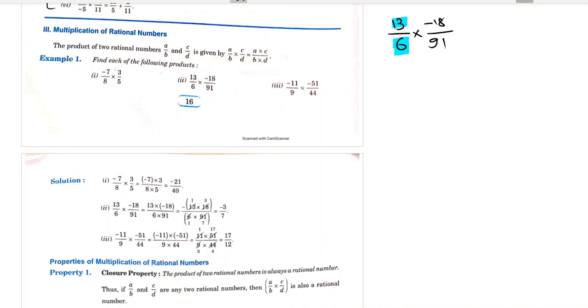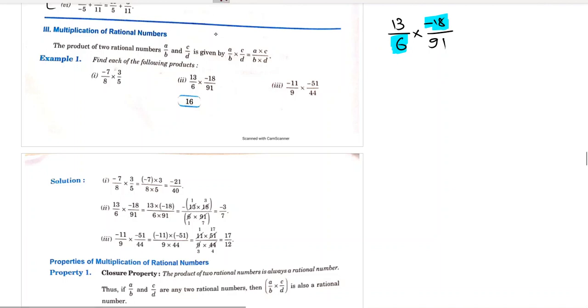But you can also cut not only the denominator and numerator of a fraction, but you can also cut the denominator and the numerator of another fraction which is in multiplication. So you can do cross simplification also, cross cutting also, right? So that's why multiplication becomes simpler.